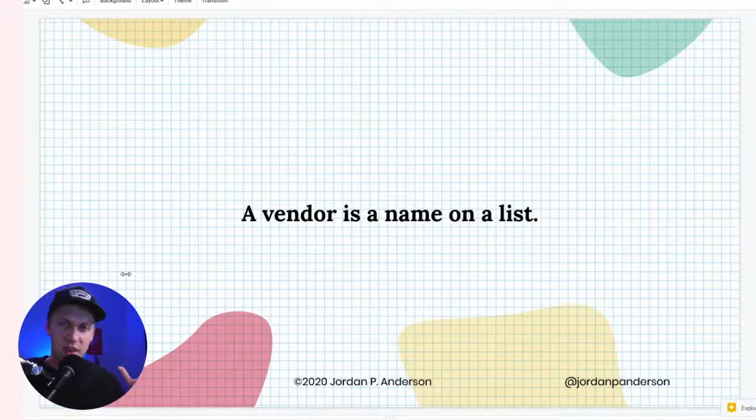All these names are just names on a list. That's a vendor. It's X company providing Z work. A vendor is just a name on the list.